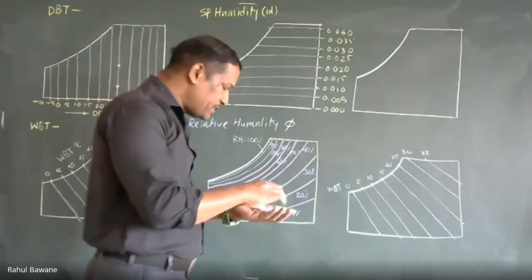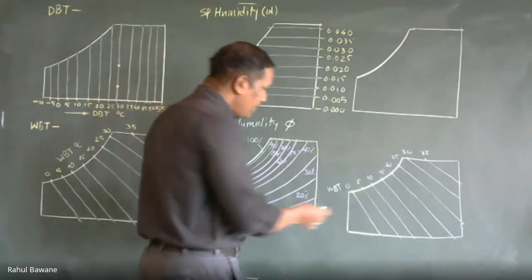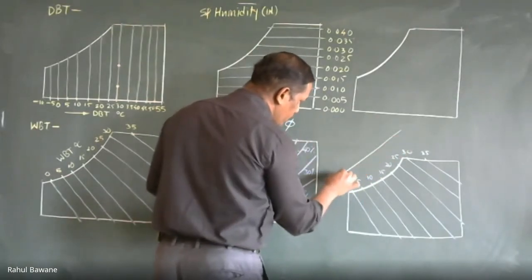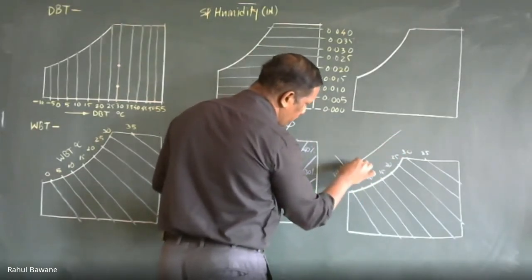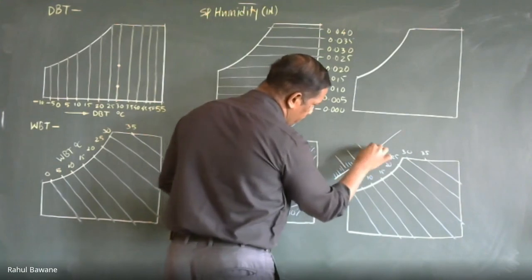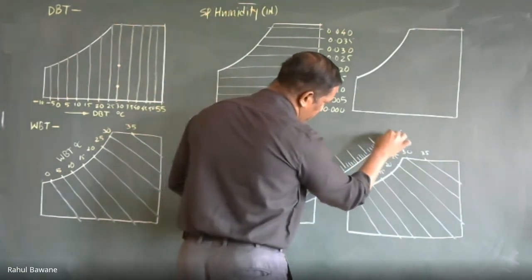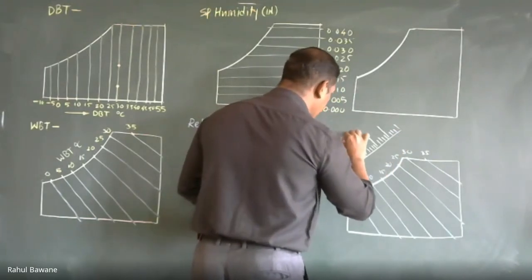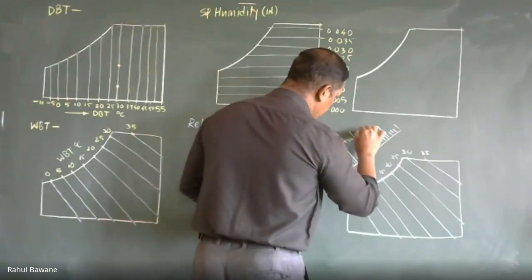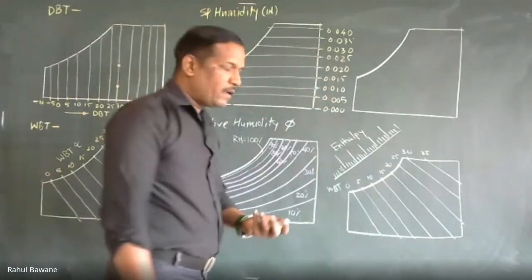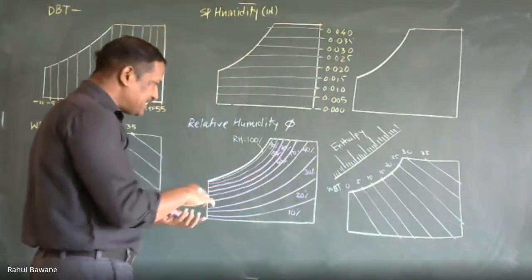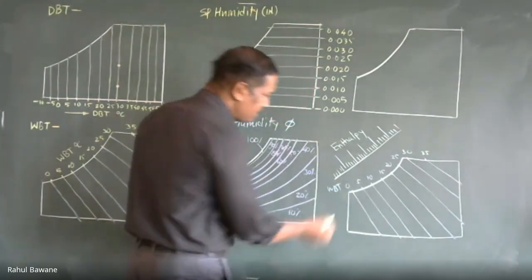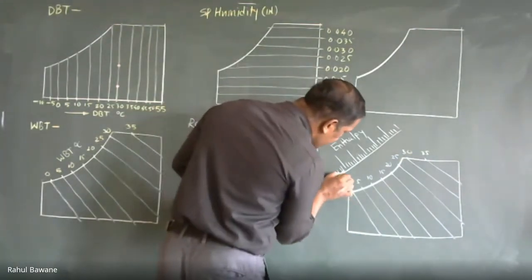Now the enthalpy scale is given on this side. This is the enthalpy scale. And the enthalpy line is exactly parallel to the wet bulb temperature line, but a little bit on a higher side.